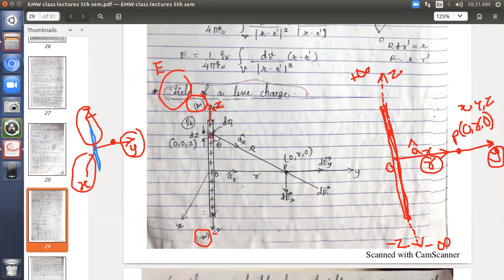So assuming that uniform distribution, we simply extend the concept we have applied by integrating that small concept.